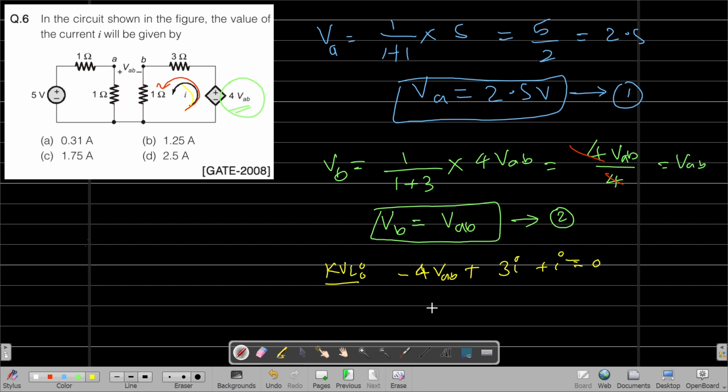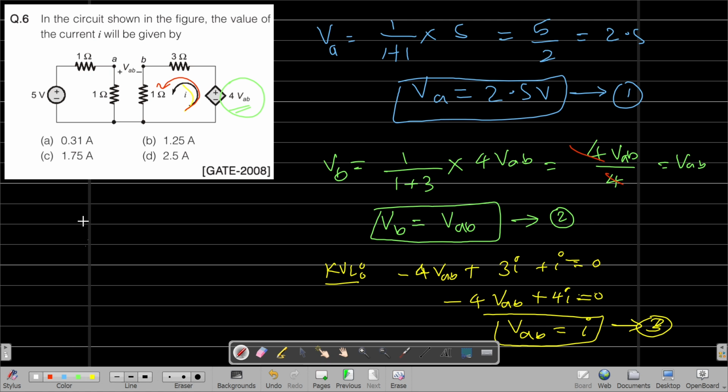Further simplification: minus 4 VAB plus 4I equals 0, and by further simplification we get VAB equals I. That is equation 3.